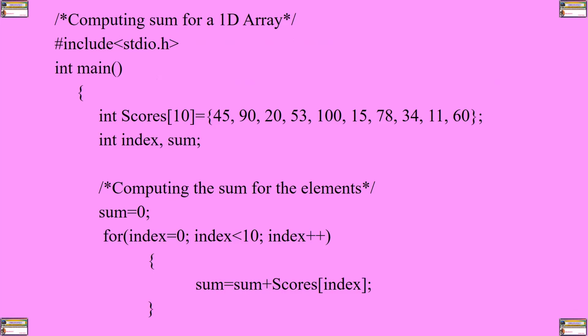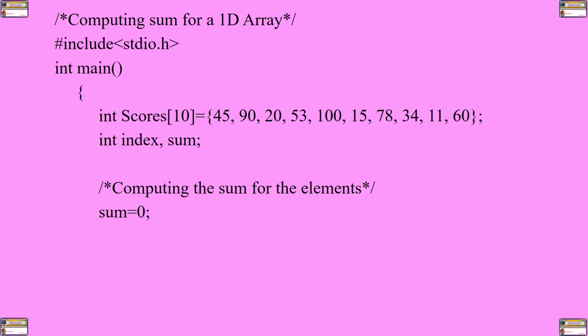Once that is done, and this brace is encountered, the processor goes to the last part of this for loop, which is incrementing index with 1. That is index plus plus, that is index followed by the increment operator. So what that means is that we are telling the processor to get the current value in the memory location called index, add 1 to it, and then assign the result back to the memory location called index.